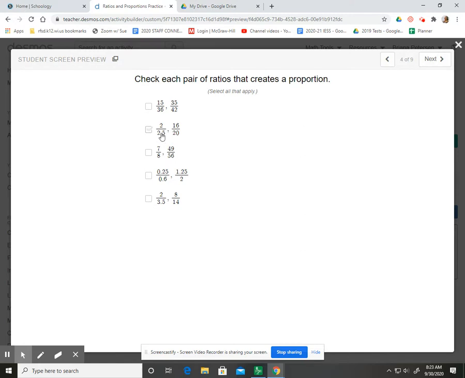If you have a decimal in your ratio and you're trying to come to a simplified answer, make sure that both your numerator and your denominator are not a decimal or a fraction. It should be a whole number or an integer. Otherwise you're not going to be able to get to the same simplified answer even if it is proportional.